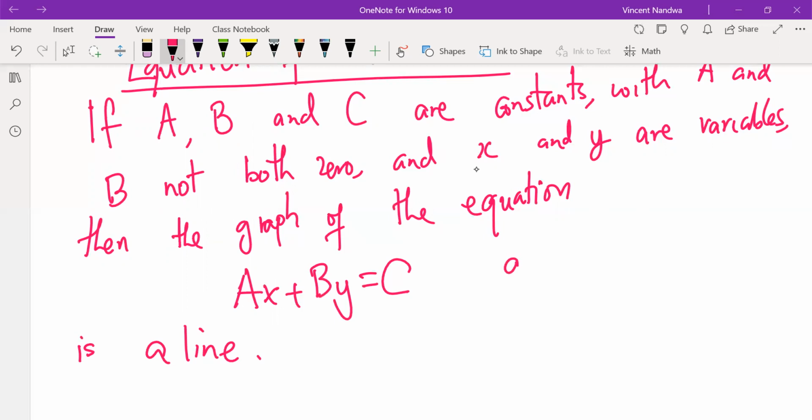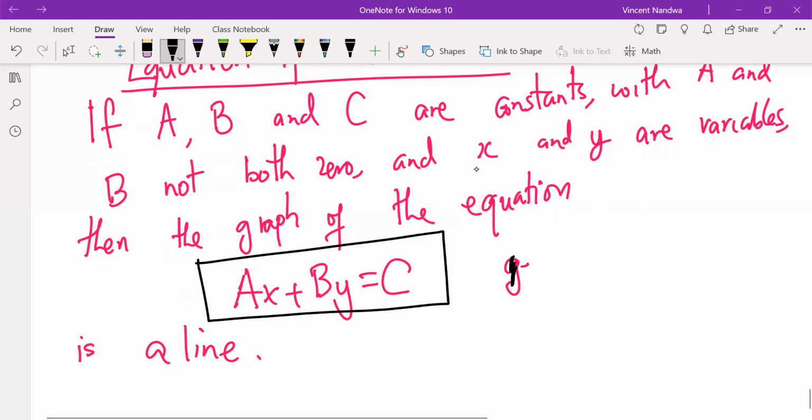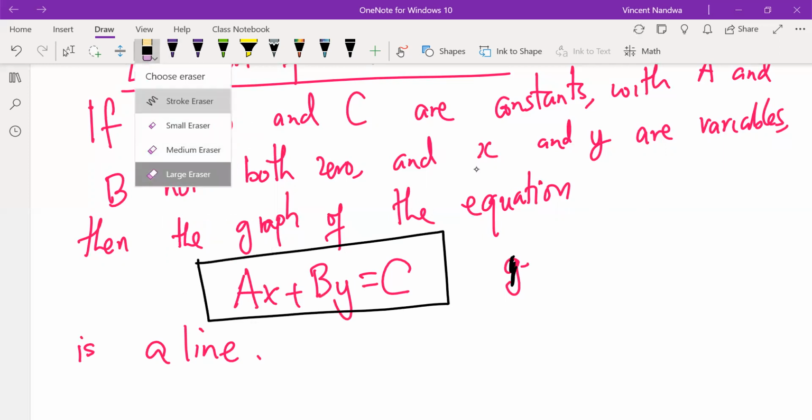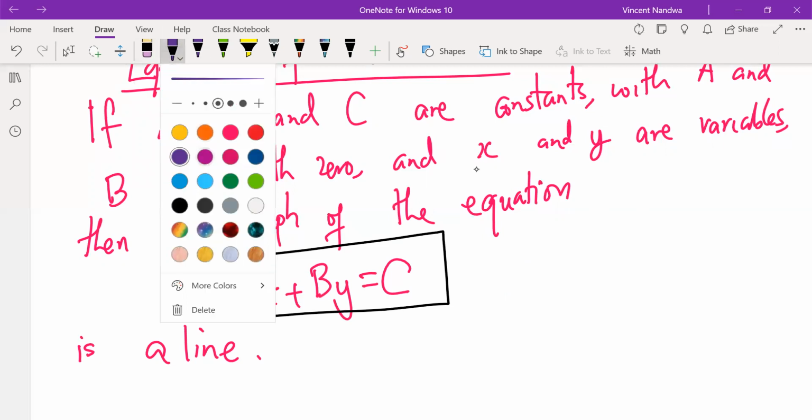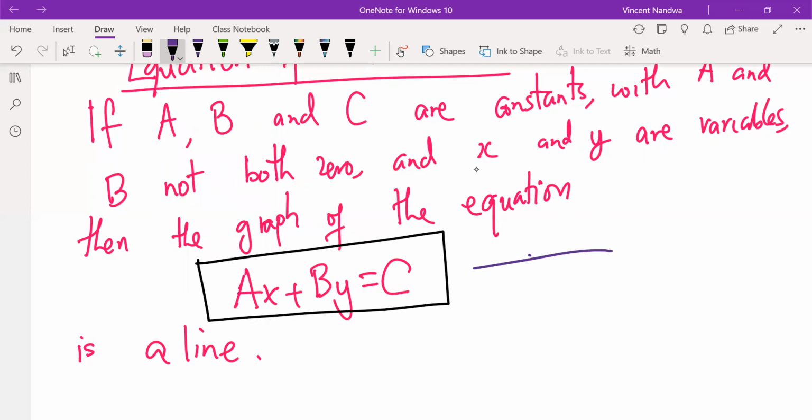So we can call this the standard form. Now this can as well be written as, I call this one equation 1.